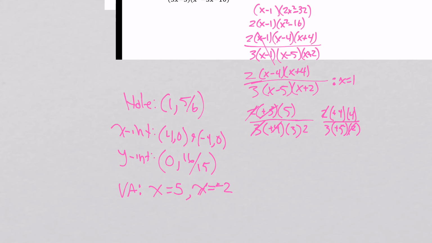The last thing I need is my horizontal asymptote. Degree of the numerator is 2, degree of the denominator is 2, therefore my horizontal asymptote will occur at the ratio of my coefficients, which is 2/3, so y equals 2/3 is the equation of my horizontal asymptote.